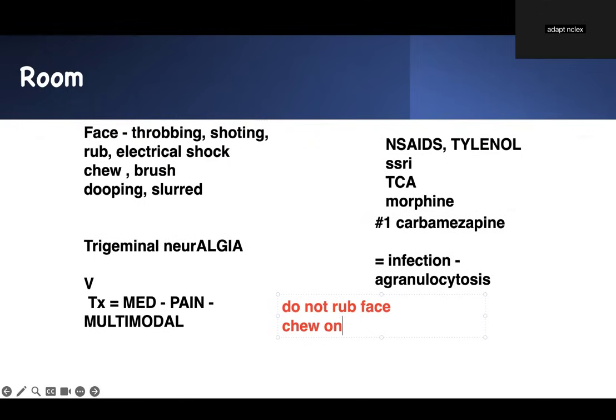Chew on the unaffected side. When you brush your teeth, just use your what? Soft bristle toothbrush. Otherwise, you're going to come back with the same thing. Take your medication, and when you're drinking, make sure you don't drink anything with extreme temperature, something that is too cold or too warm.